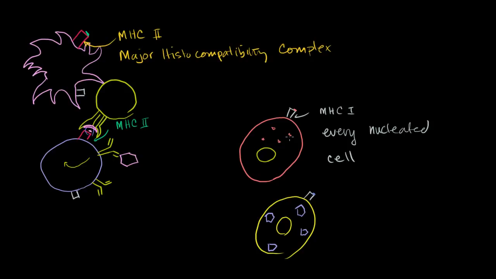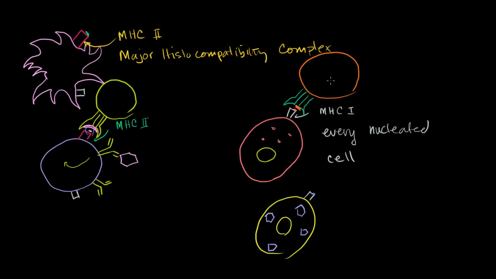With MHC1, instead of attracting a helper T cell, it will attract a cytotoxic T cell. So let me draw a cytotoxic T cell right here. Like helper T cells, the T cell receptor has a non-variable portion, but it also has a variable portion that is specific to this combination of antigen and MHC1.